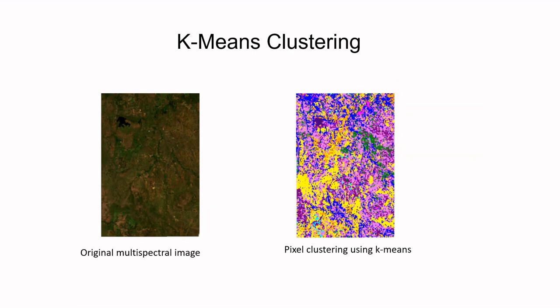So what we're going to do in Earth Engine in a sec is that you're going to be given a multispectral image, and this is going to be a Sentinel-2 image. You are going to leverage the spectral bands and ask the computer, through the k-means algorithm, to create clusters for you. You're going to specify the number of clusters you want, and you're going to have output which may be similar to what you are seeing here.